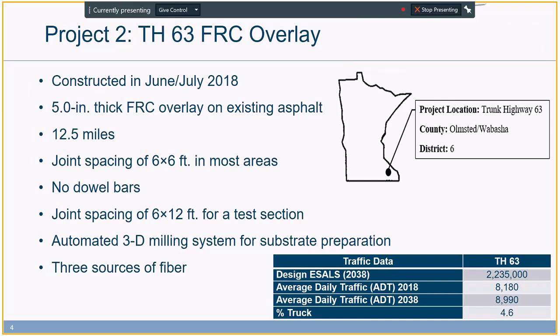But there was an alternative joint spacing design, 6 by 12, to investigate the faulting and long-term performance of this joint spacing as well. There were no dowel bars in the design, and 3 fiber types were used in construction of some areas of this project. It was located on Highway 63 here, southeast part of the state of Minnesota.